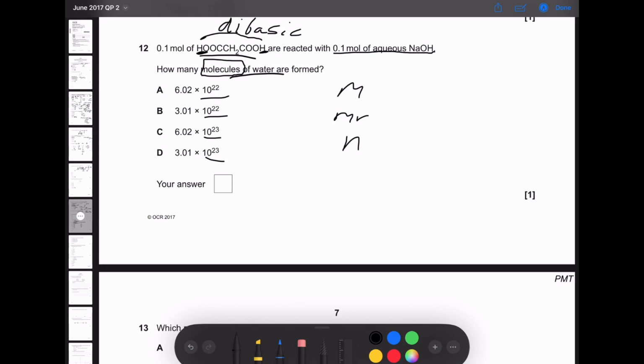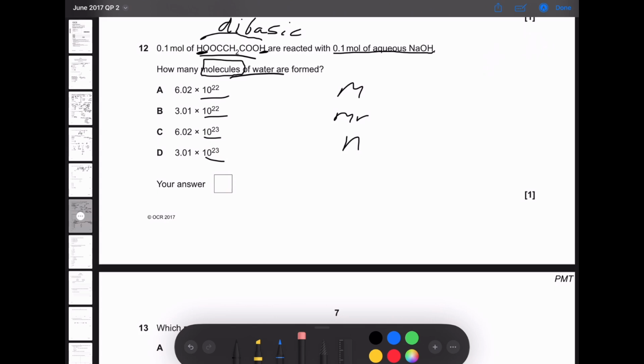If I just draw this at the top, we've got COOH, COOH, and that's going to dissociate into OOC minus plus 2H plus. So, bearing in mind we're forming water because we're neutralizing, I've done that right in the way.